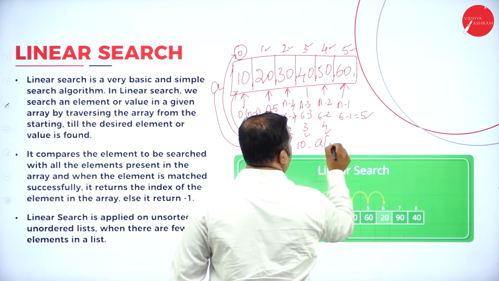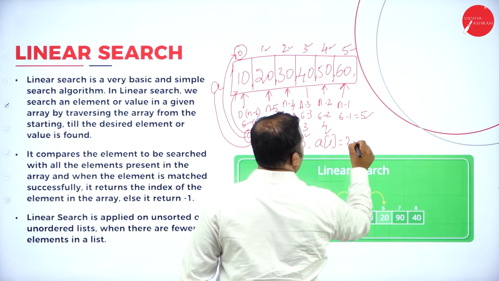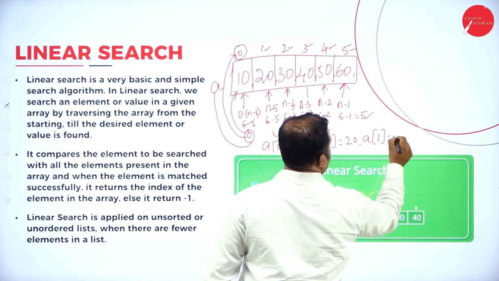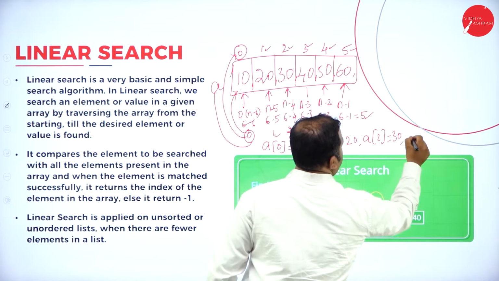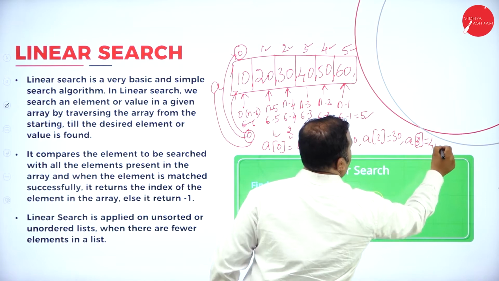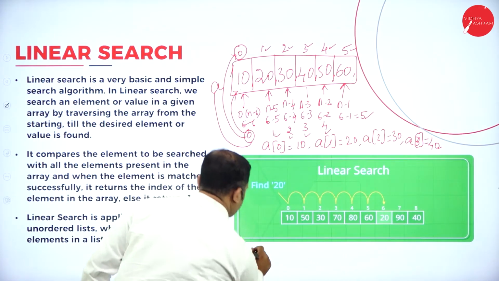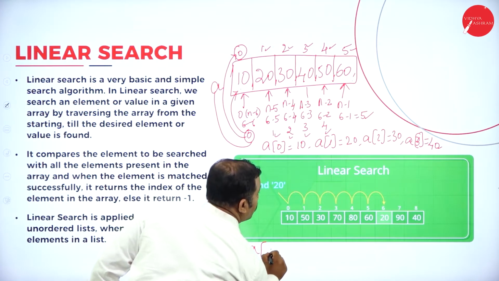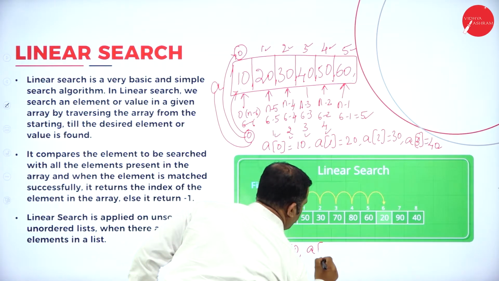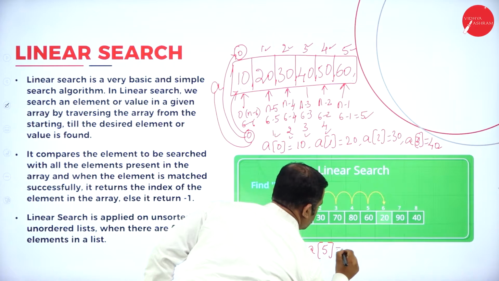Similarly, A of 1 refers to the value 20, A of 2 refers to the value 30, A of 3 refers to the value 40, A of 4 refers to value 50, and A of 5 refers to value 60.